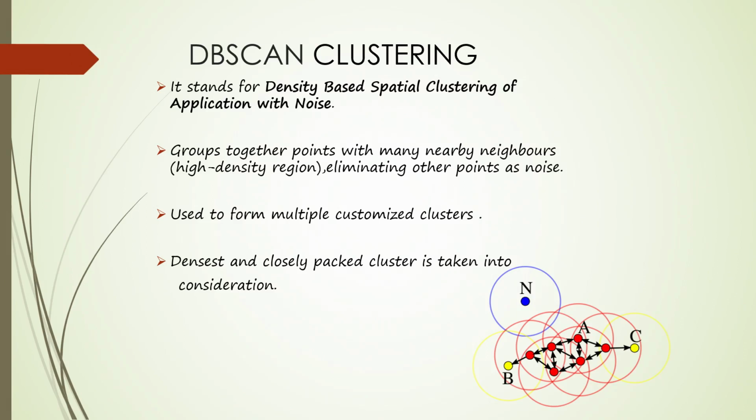is taken into consideration. If you look at this picture, this definitely is not part of any of the other clusters, it appears to be an outlier, so actually you can eliminate them. Similarly, you look at this C and look at this B, they are part of the cluster, it is not that there is no intersection or anything, but they appear to be far away from any dense point.